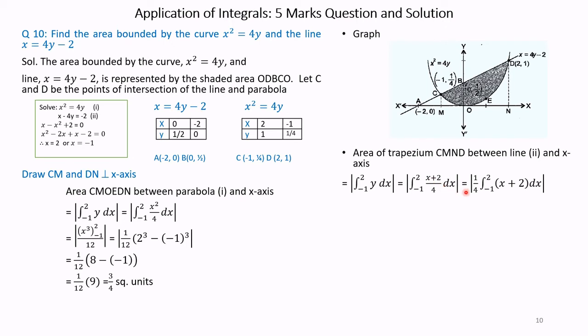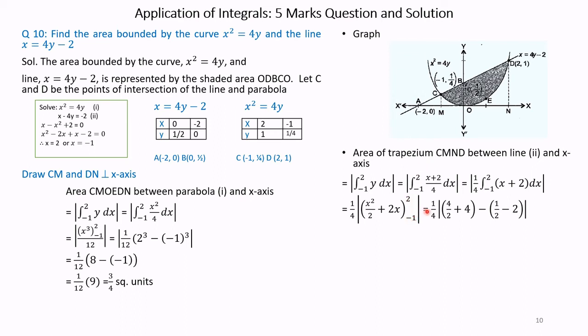That is equal to the modulus of, take 1 by 4 outside, integral -1 to 2 of x plus 2 dx. After integration, take 1 by 4 outside, 1 by 4 mod of the integral of x, which is x square by 2, plus the integral of 2 dx, which is 2x, and the limit is -1 to 2 as shown in the diagram.